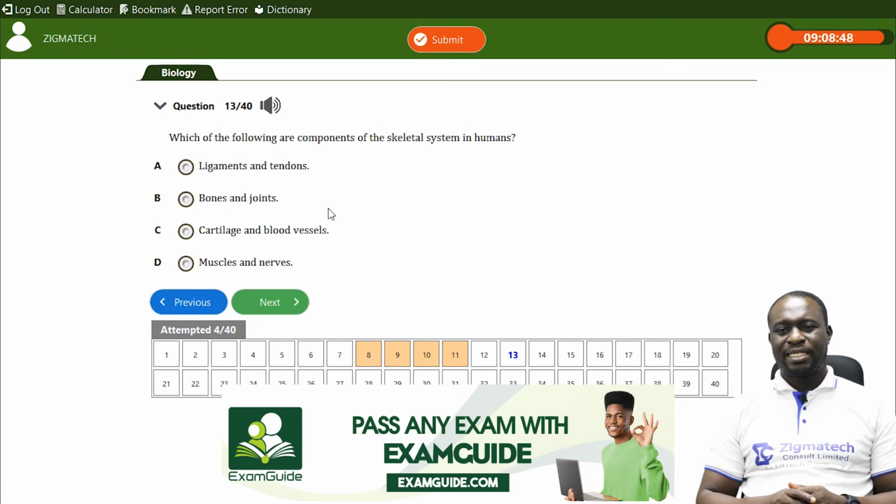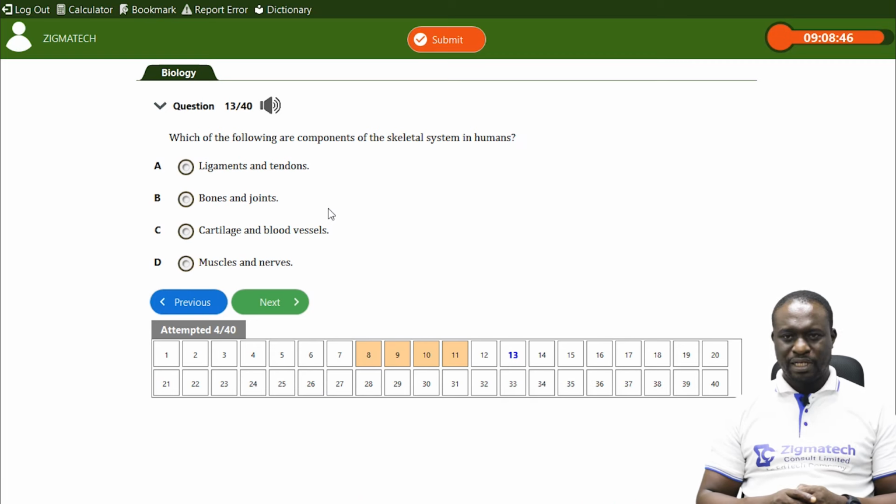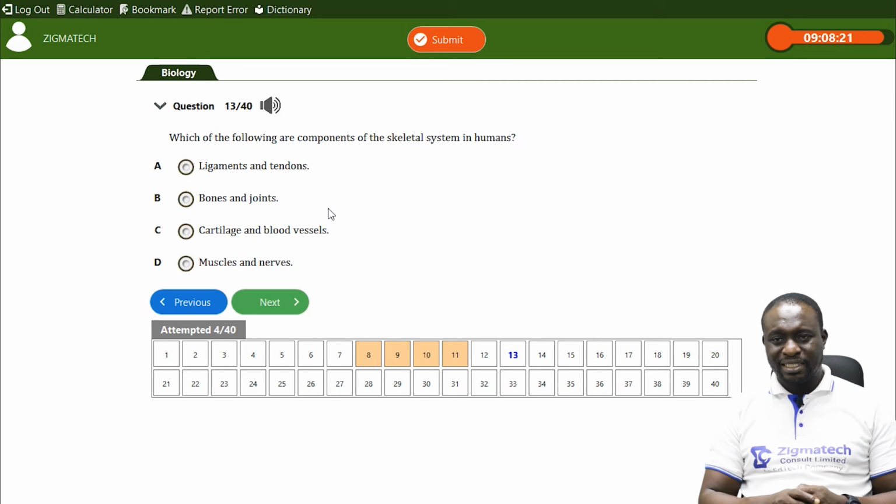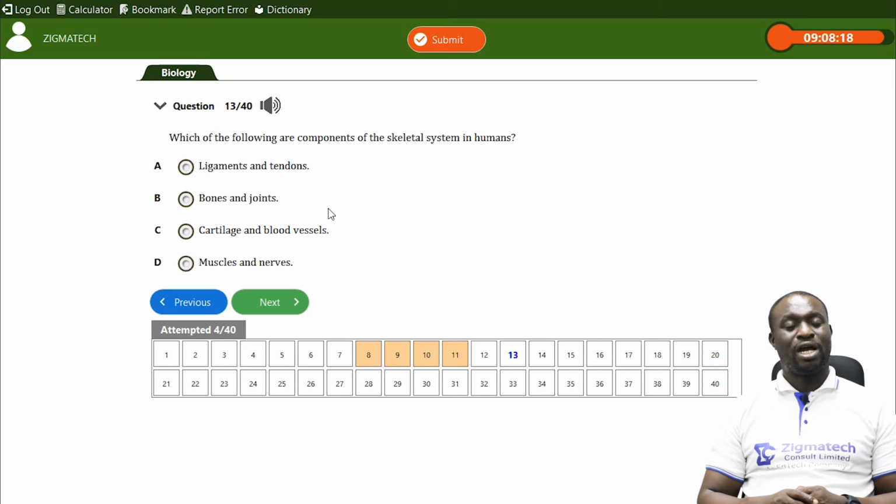C says cartilage and blood vessels, and D says muscles and nerves. Now options C and D are out of the game. Why is option C out of the game? Blood vessels. The skeletal system has nothing to do with blood vessels. Now option D says nerves. Of course, in the skeletal system, we have cartilages, as option C rightly states, and also we have muscles, as D also rightly states.